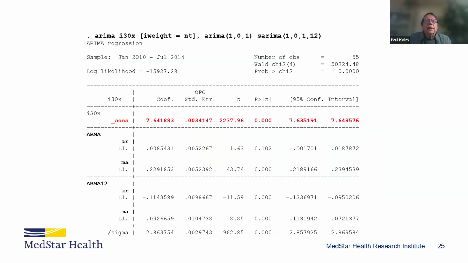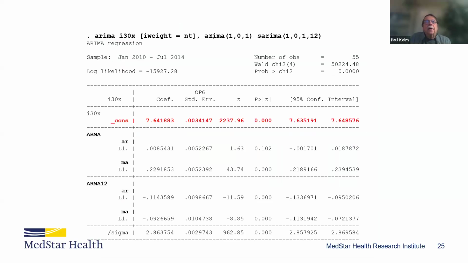So in doing the analysis, and this is actually from Stata output, but it would be similar in any other statistical package, what we're going to do here is look at 30-day readmissions, and we're going to suggest two different components.